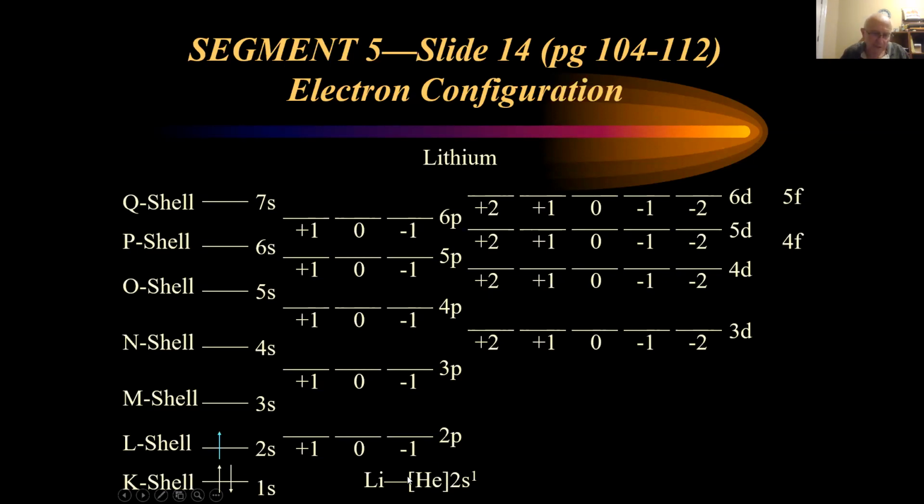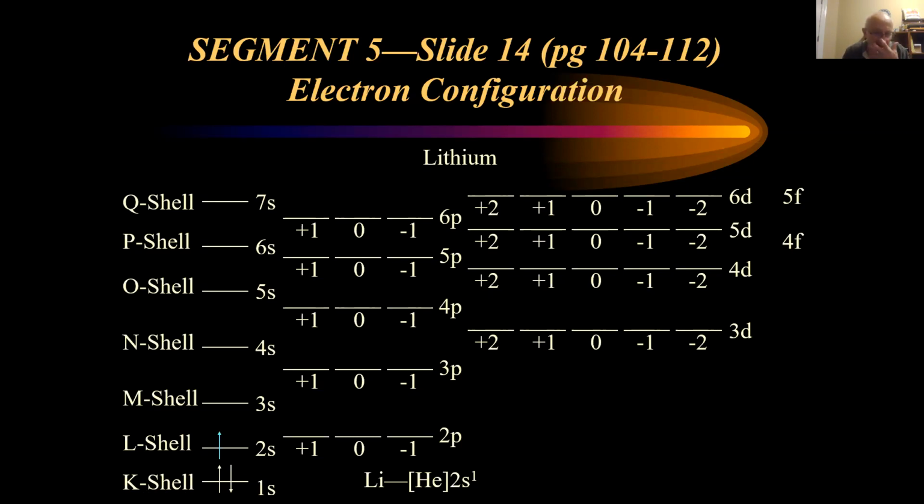Now, remember when we talked about where we were going, I said our model for the atom has a nucleus in the middle, and then it has electrons around that nucleus that form a core of electrons. And the other electrons outside the core are the ones that give rise to chemical reactivity. And so those electrons outside the core are the valence electrons.